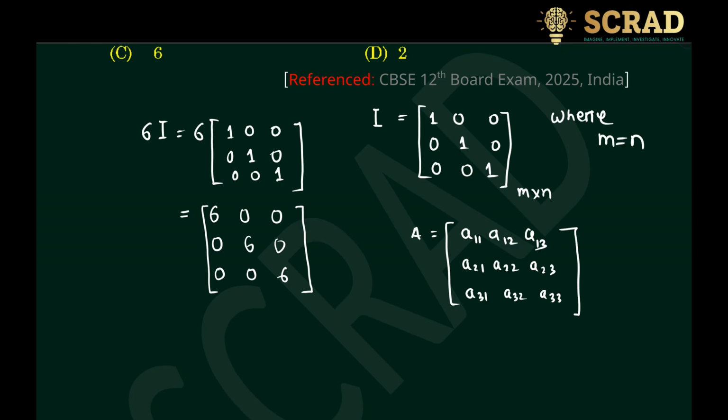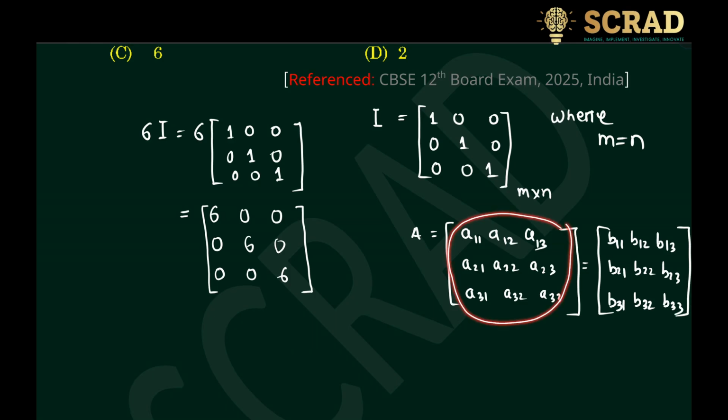This is a matrix, and suppose I am considering this matrix is equal to this matrix B11, B12, B13, and like that B21, B22, B23, and B31, B32, B33. Suppose I am considering this matrix is equal to this matrix, right?